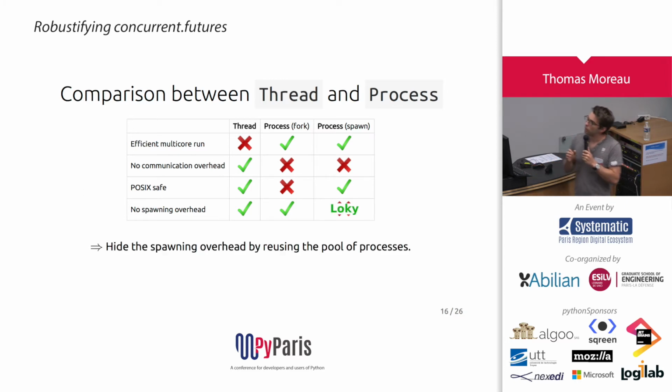And the idea was to hide the spawning overhead, so we would be able to use a pool of workers using spawned processes that would have the advantages of efficient multicore run, and that does not take too long to spawn.